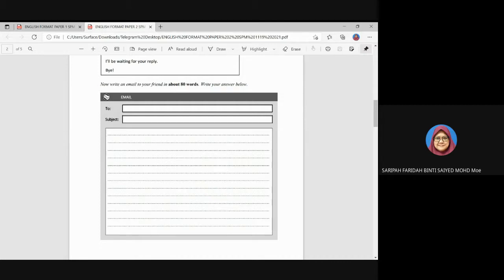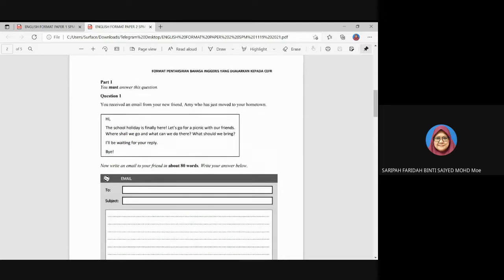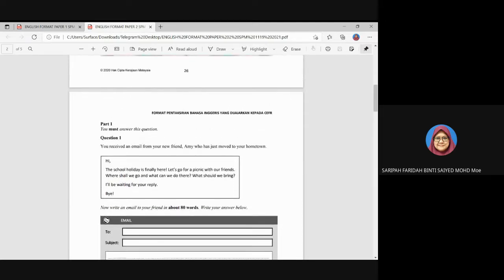This is the place where you have to write. So you need to write carefully. "Teacher, if I make a mistake, where do I scribble?" Okay, here. This is the place where you scribble.